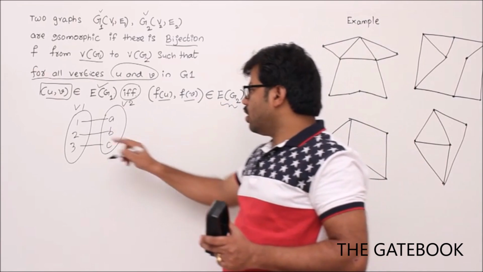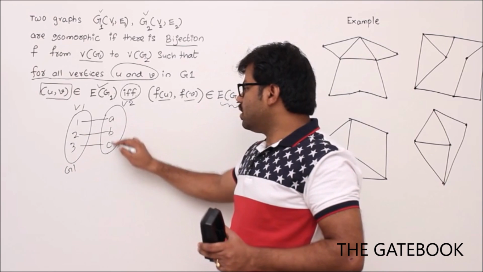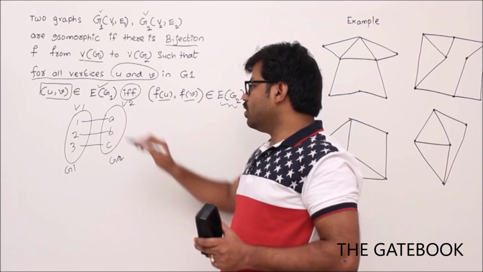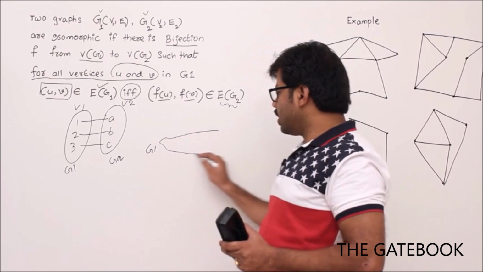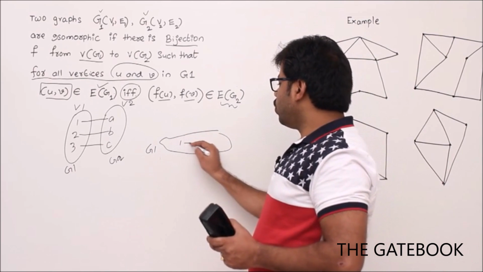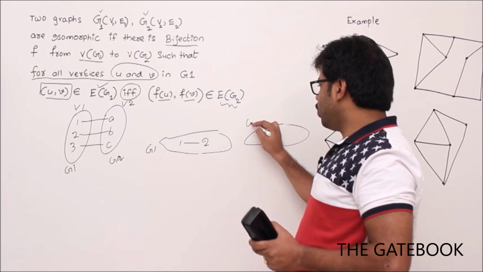That means, for example, 1, 2, 3 are vertices of graph 1 and A, B, C are vertices of graph 2. In G1, just for example, there is an edge from 1 to 2. Then this is graph G2.